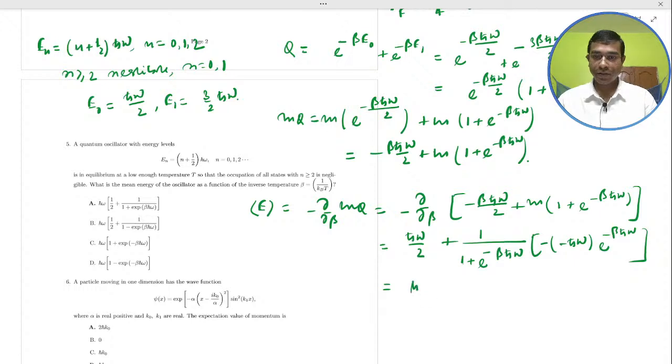So this would become h cross omega common here, and within the bracket half plus inverse of e to the power beta h cross omega plus 1. This would be the correct answer. So option A is correct: h cross omega into half plus inverse of 1 plus exponential beta h cross omega. Option A would be the correct.